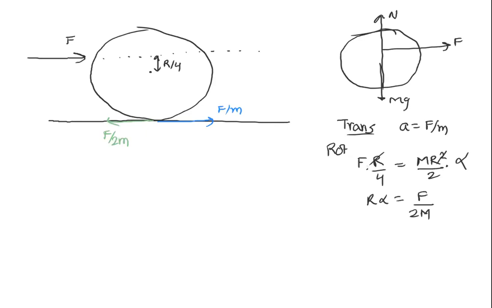Therefore, the net acceleration of this point. Remember, I'm not interested in the magnitude of the net, I'm only interested in the direction. So this is F by 2m. So the net acceleration of this point is like this. A net is like this. And therefore, friction.